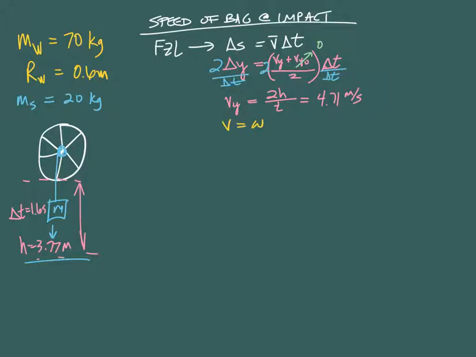And using that V equals omega r business, that means that my angular speed is going to end up being 3.93 rads per second. I trust you can plug and chug those numbers if you need to. So right off the bat, I have my linear speed of the bag, and since that piece of rope is connected to the speed of the wheel, that's going to be the max speed of the wheel before impact.